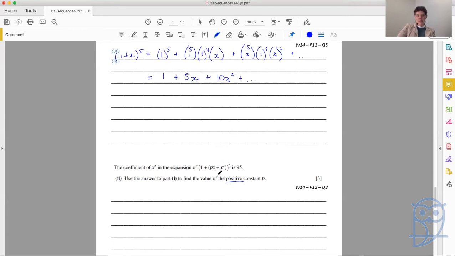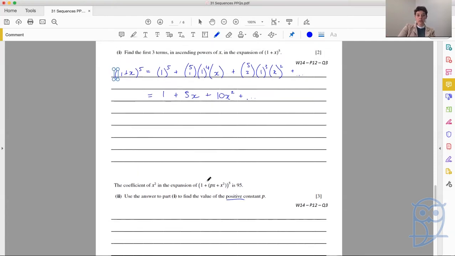So we have to look at this messy thing here and say, how does this relate to my original question? If we look at it closely, we see a 1 plus something to the 5, and here's a 1 plus something to the 5. So if we pull this out here, this px plus x squared, that in effect is our x from part 1.